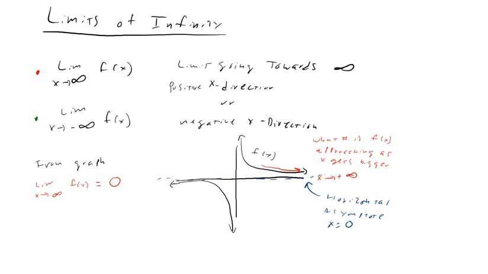And this is the horizontal asymptote of the graph. That is what limits of infinity find. They tell you where the horizontal asymptote is of your function.